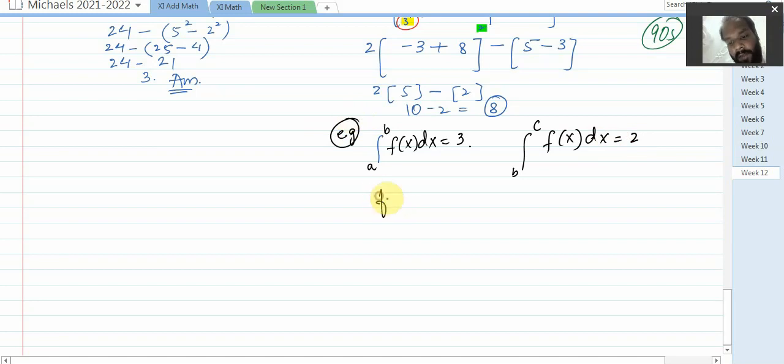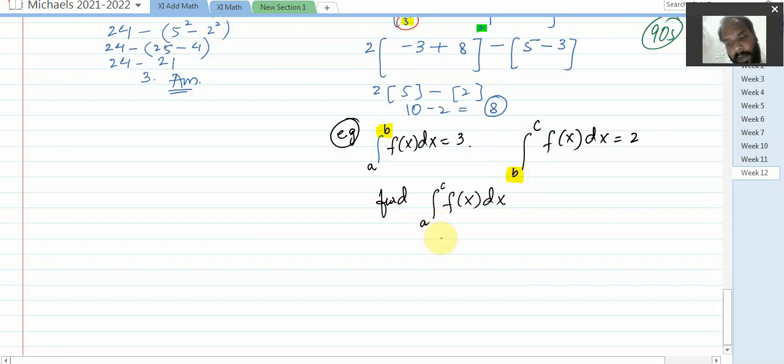And if it says find the integral from a to c f of x dx. Now if you observe these two terms that the data is given for, it's from a to b and from b to c. Make sure that the end part here and the starting part here must be equal.